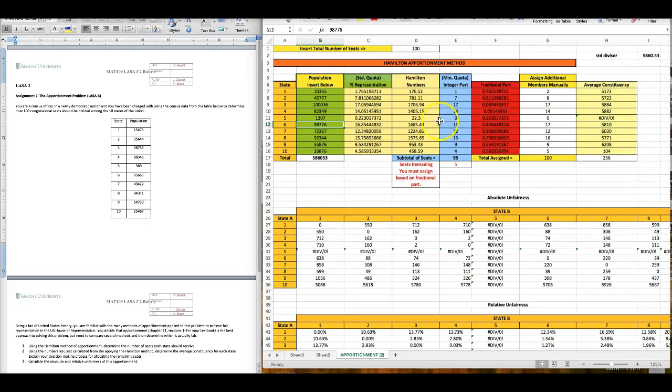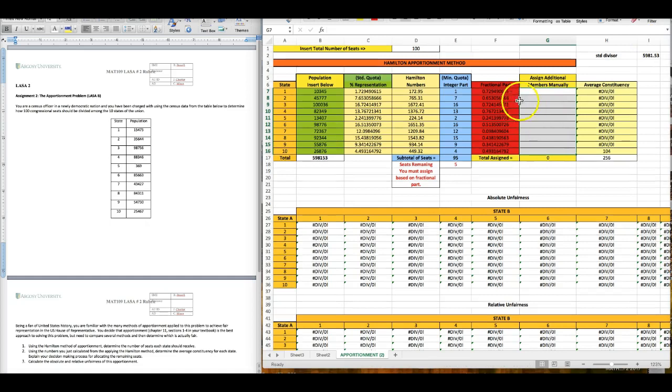All right, so in this case, it seems like we still don't have enough, so I'm going to do it like this. All right, so I'm going to erase this again. All right, so we're going to do the apportionment for this again.